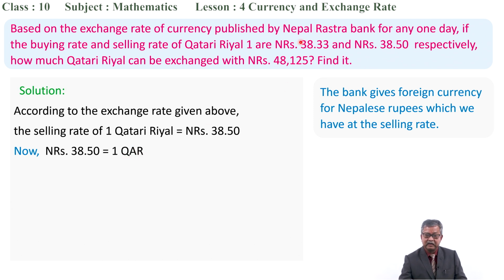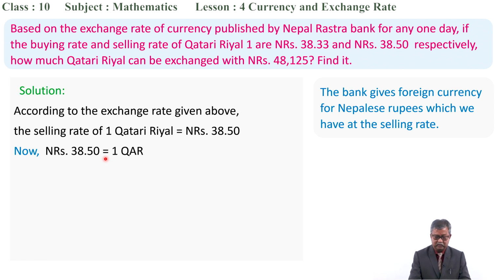But we need the Qatari Riyal from the Nepali money of 48,125. So for 1 rupee, how much Qatari Riyal do we get, more or less? Yes, less. That's why we divide. We know the unitary method, we learn the unitary method in other classes also.